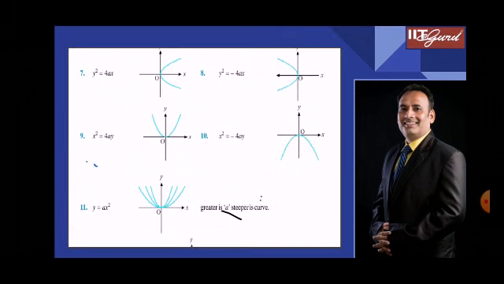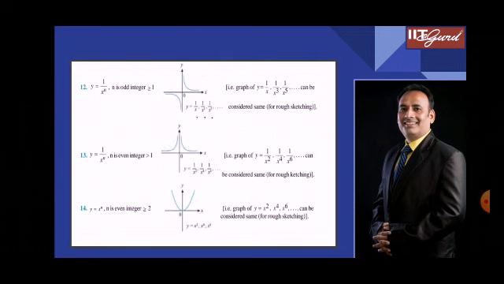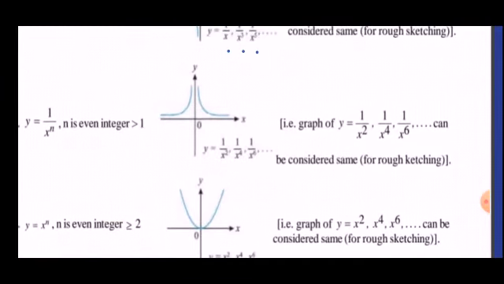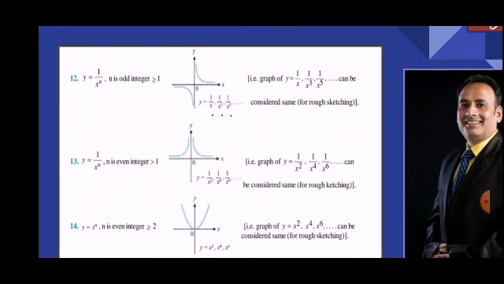Take one more short revision. y squared equal to 4x, these are the parabolas, sharing different quadrants and with different alignments. y equal to ax square, y equal to 1 upon x to the power n, sharing the first and third quadrants when n is odd. If n is even, sharing the first and second quadrants. Once again, y equal to 1 upon x to the power n is also called a rectangular hyperbola.